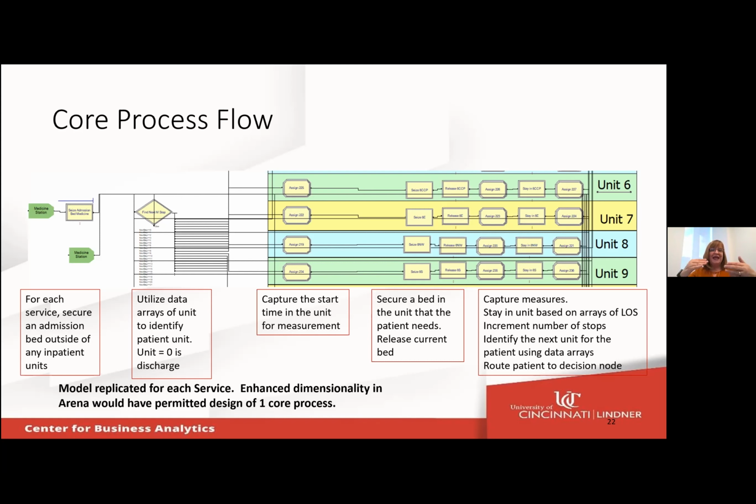Had we been able to have three-way dimensionality in our model, we could have had just one model and not a separate unique model for medicine and cardiology and so on. We really were just replicating the exact template across models. Had we had a three-dimensional opportunity, we could have had a very simple model when it came down to looking at it.